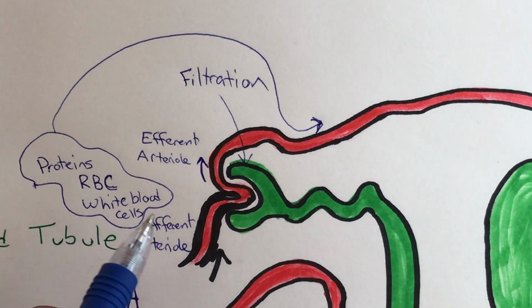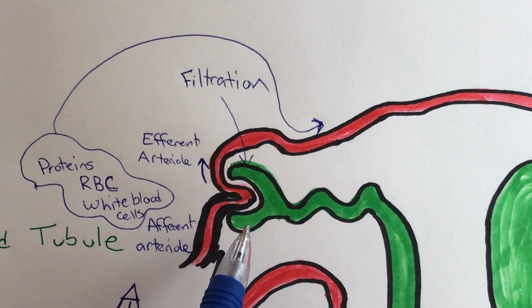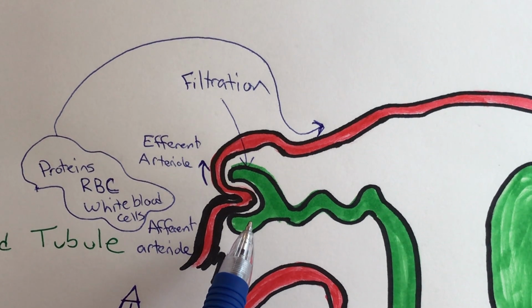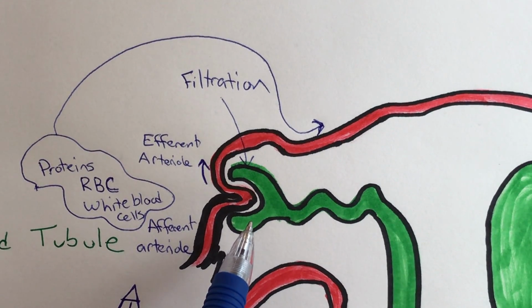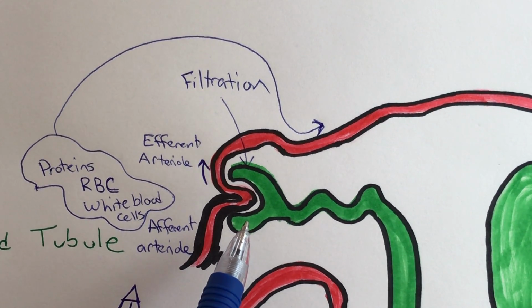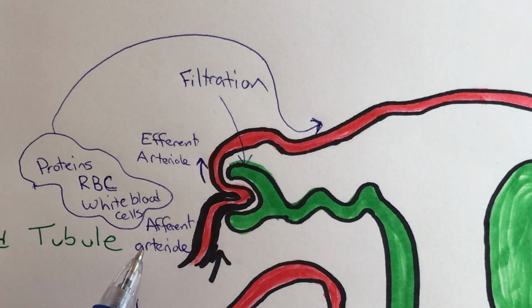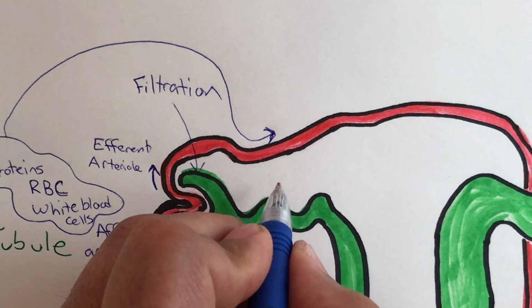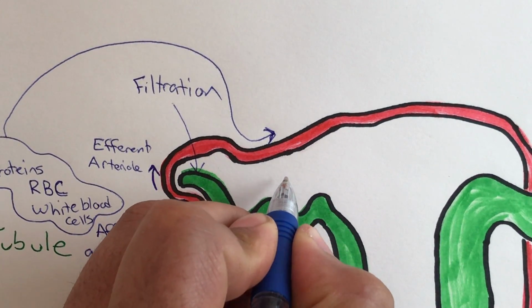However, there's a whole bunch of stuff that does get through, and these are the things that we find inside the blood that are very, very small. For example, we have electrolytes.